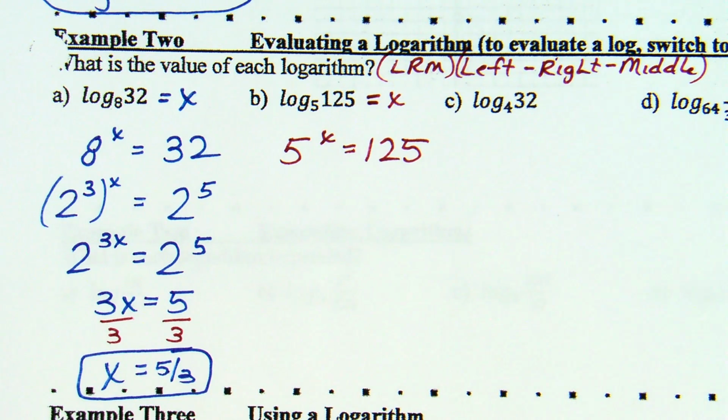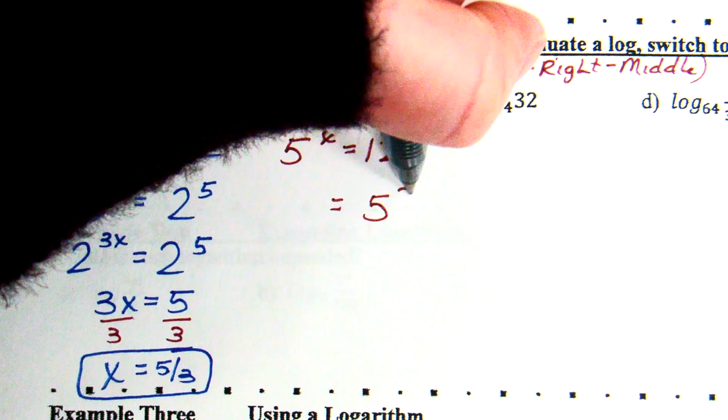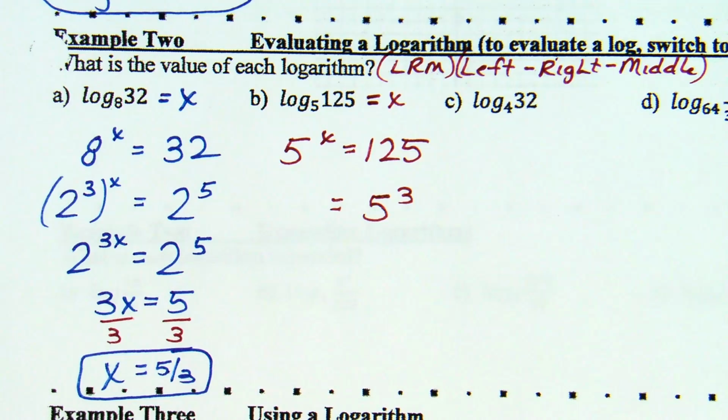The cube root of 125 is 5, so how can I rewrite that? 5 to the third. 125 is equivalent to 5 to the third. Did you guys know that one? You're going to have a little more success here if you just know them, but we're going to work on learning them.